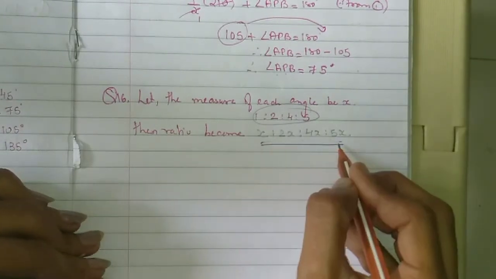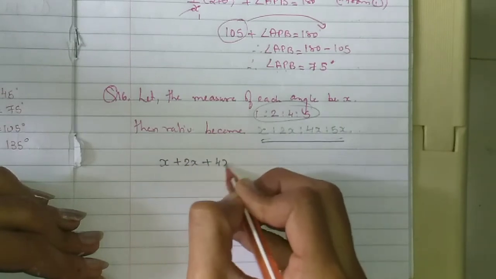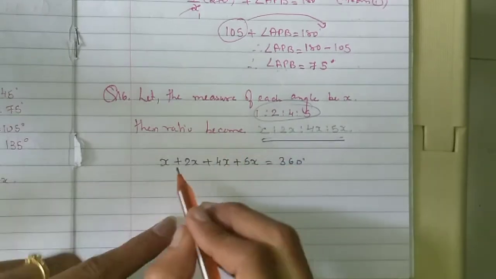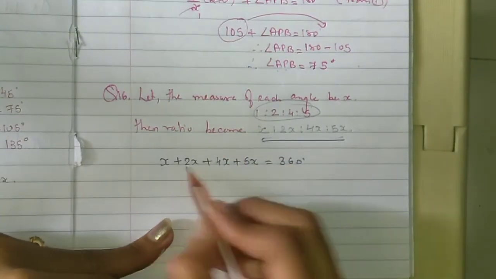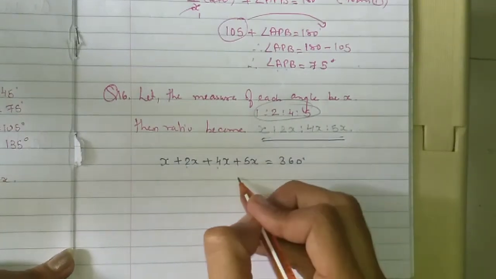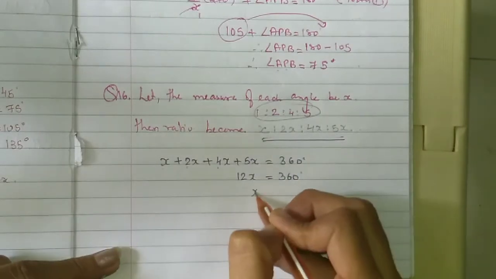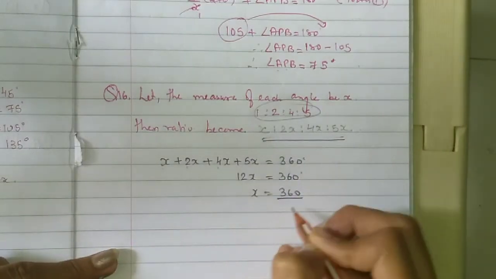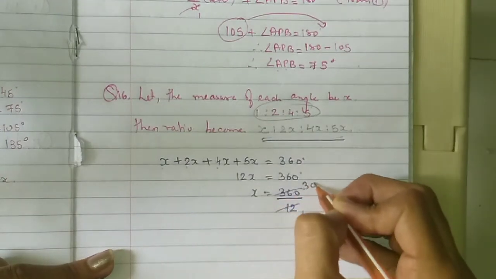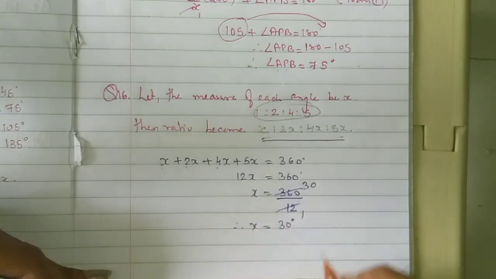Okay, this is 360. So x plus 2x plus 4x plus 5x equal to 360. So 1 plus 2, 3, 3 plus 4, 7, 7 plus 5, 12. 12x equal to 360. So x equal to 360 upon 12. 12 threes are 36 and 12 zeros are 0. Therefore x equal to 30 degree.